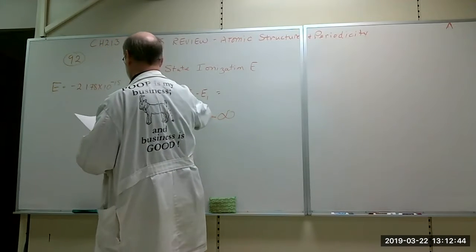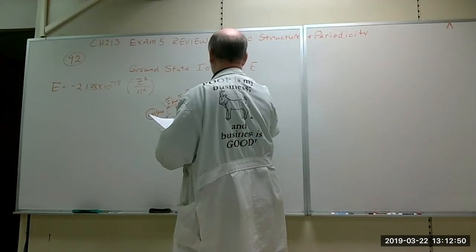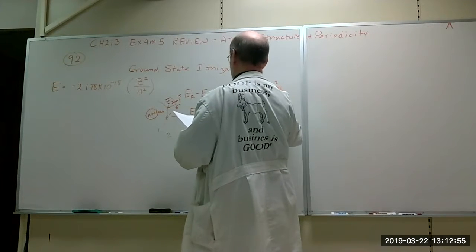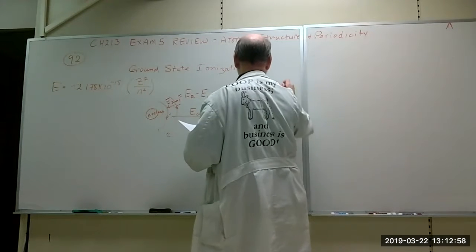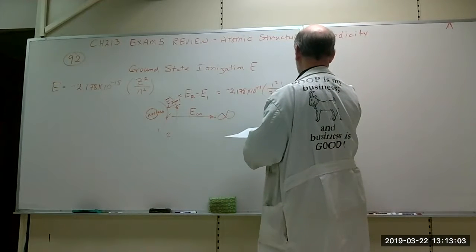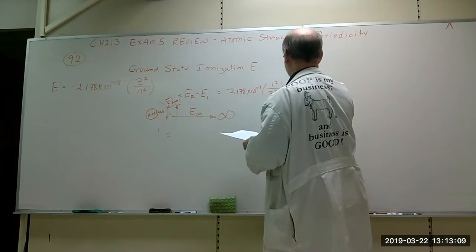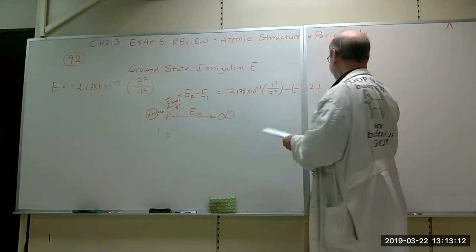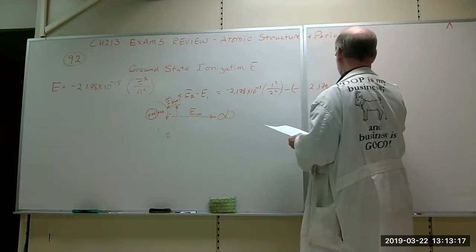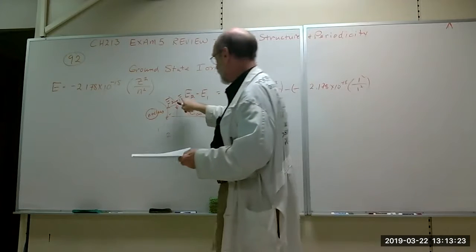The Z number is hydrogen. So we would have minus 2.178 times 10 to the minus 18 times 1 squared over 2 squared, minus, a minus minus a minus, 2.178 times 10 to the minus 18 times 1 again, this time over 1 squared. So that would be the energy for this one.